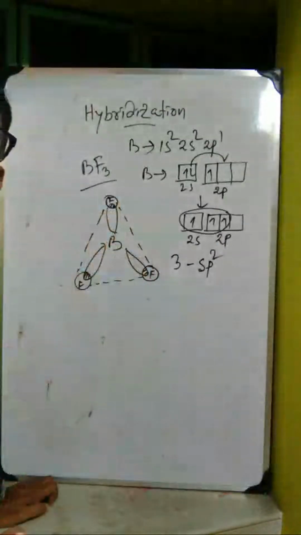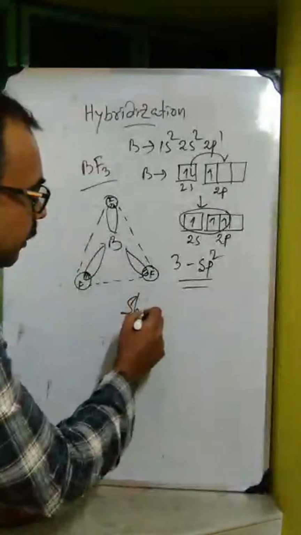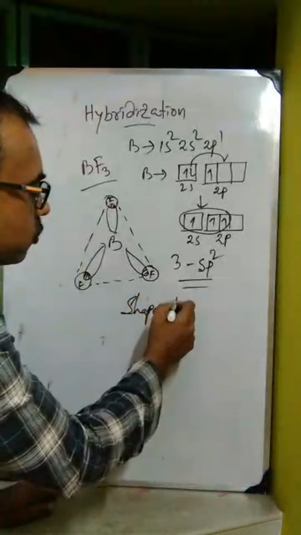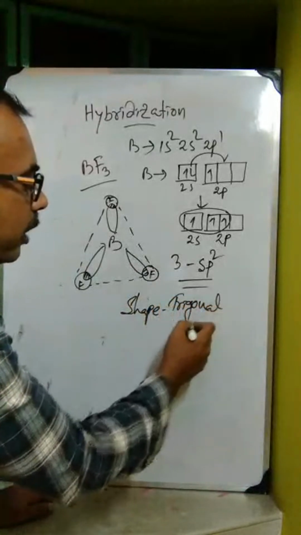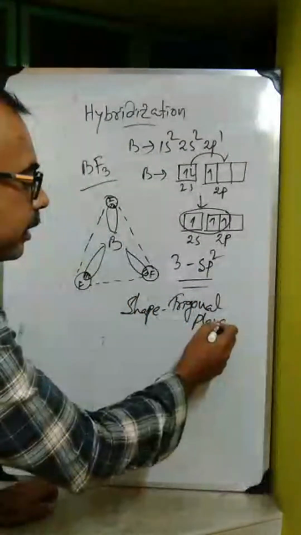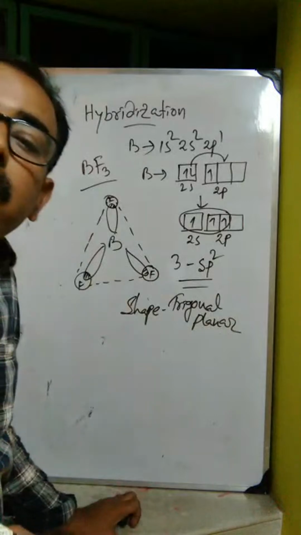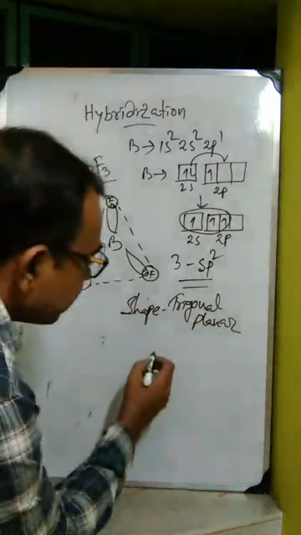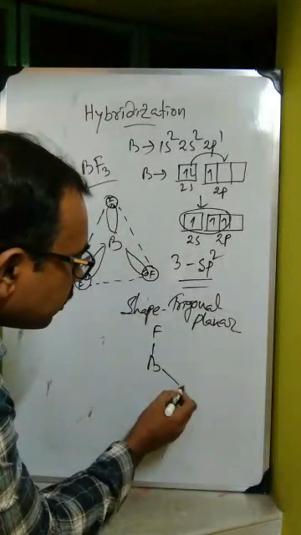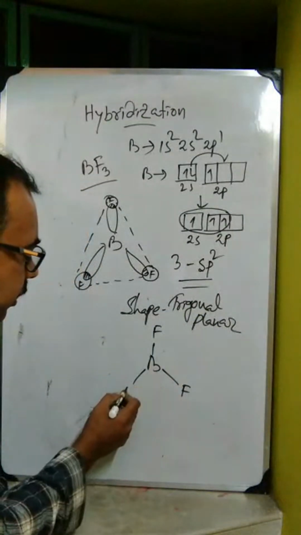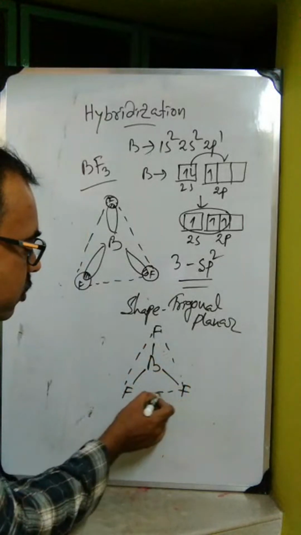Okay, so if the state of hybridization is sp2, the shape is trigonal planar. That is, all those 3 hybridized orbitals will lie on the same plane. That is, here is boron, here is one fluorine, another and another.